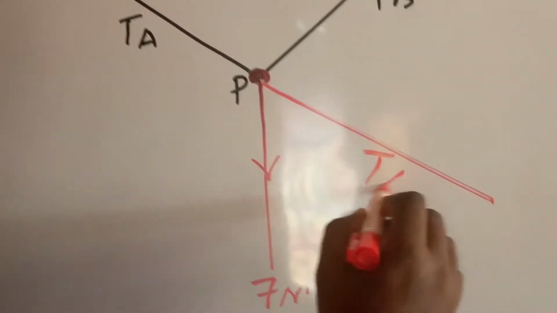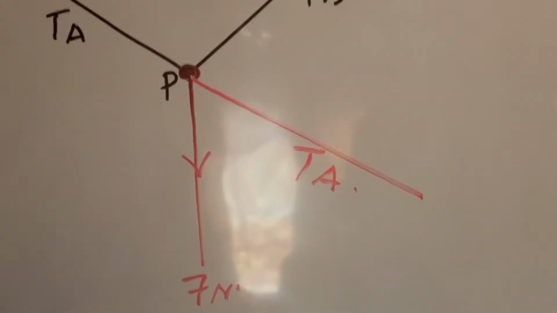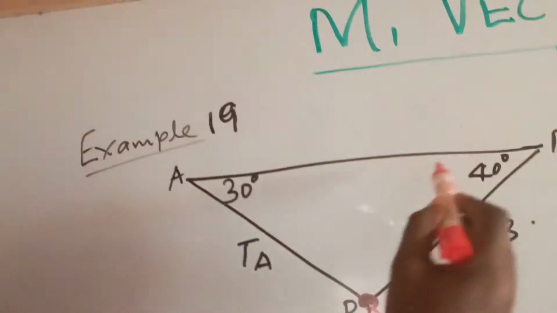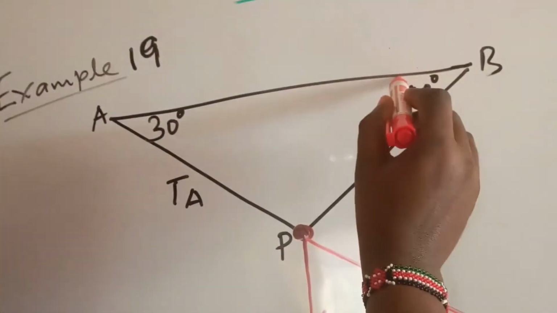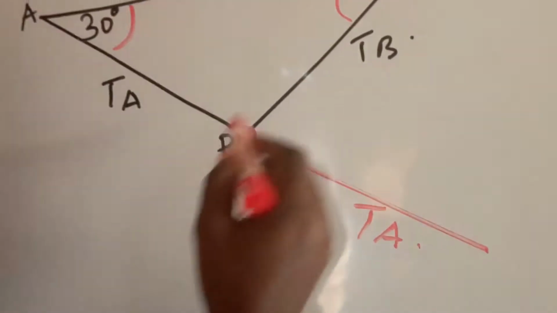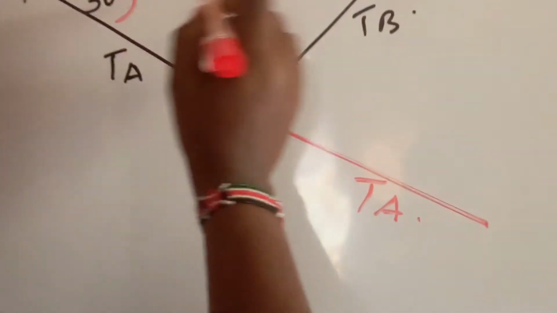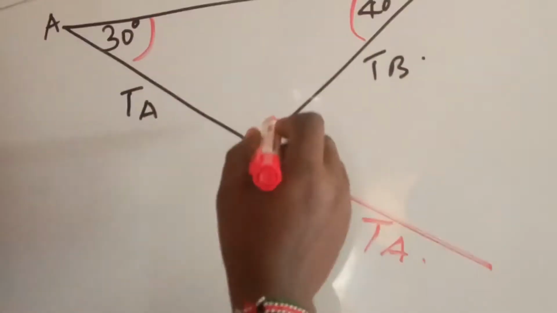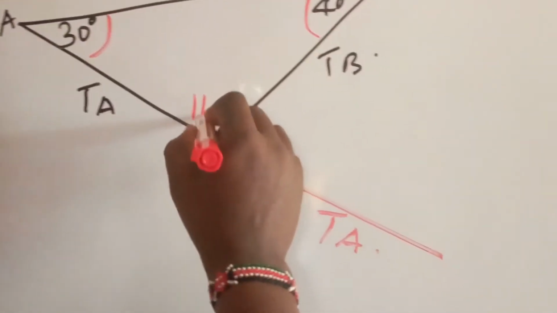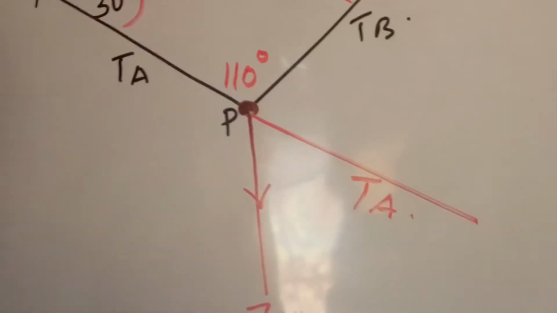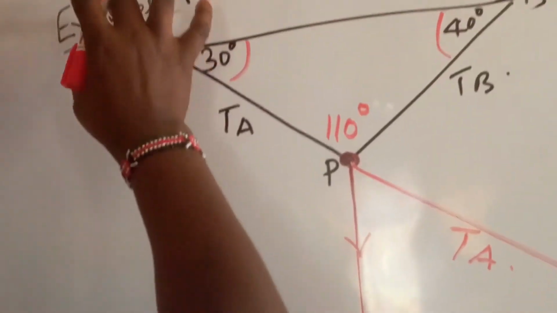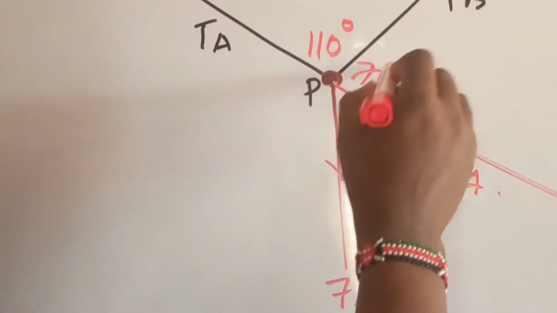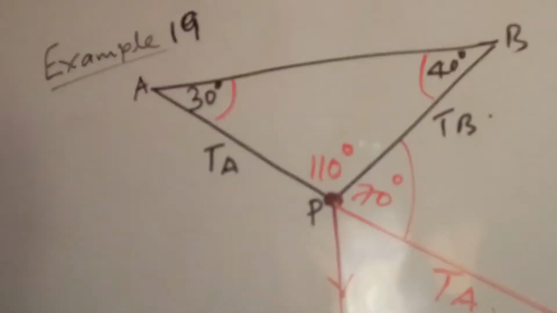It's called the tension of A. And of course, you can see that if that angle was 30 and is still 30, and this is 40, then the angle to complete the triangle is 180 minus the sum of these, which is 70. 180 minus 70, this angle was 110 degrees. Having shifted that force exactly the way it is, this angle becomes 70 degrees.